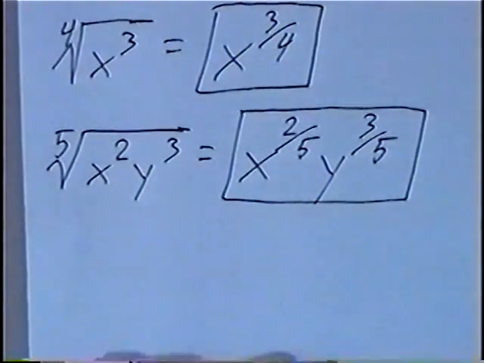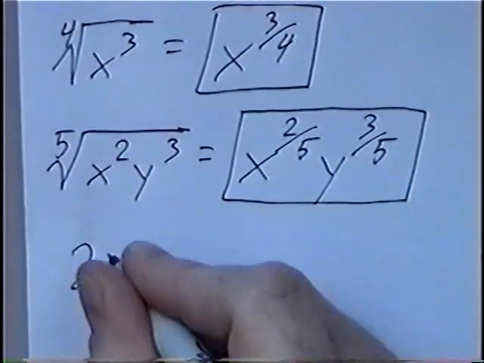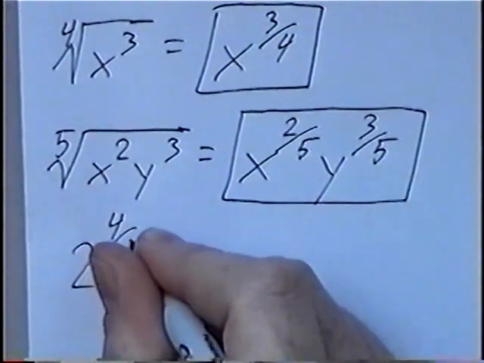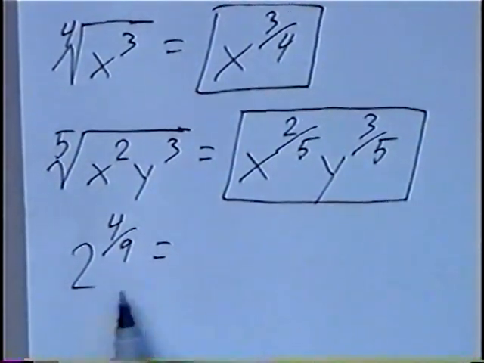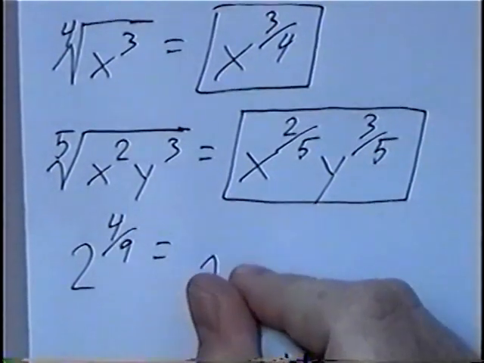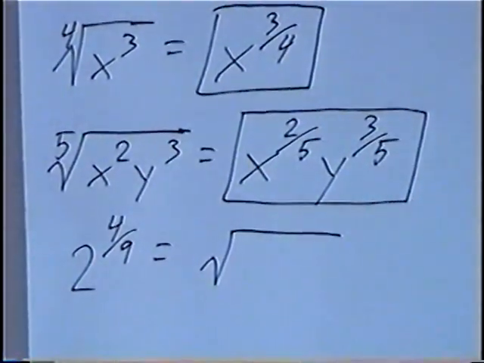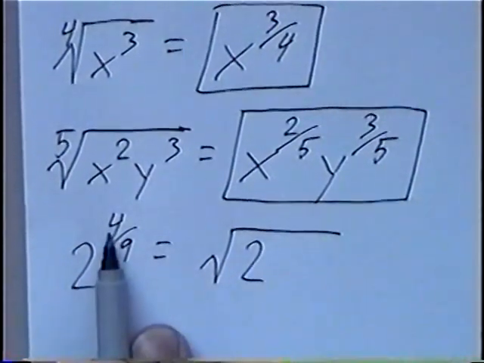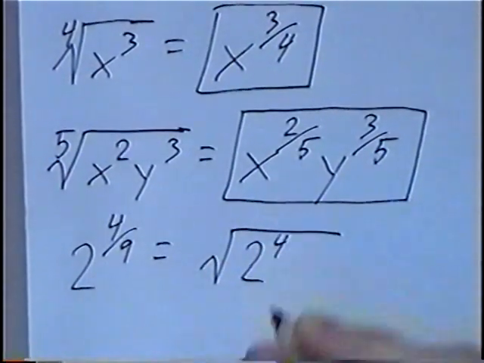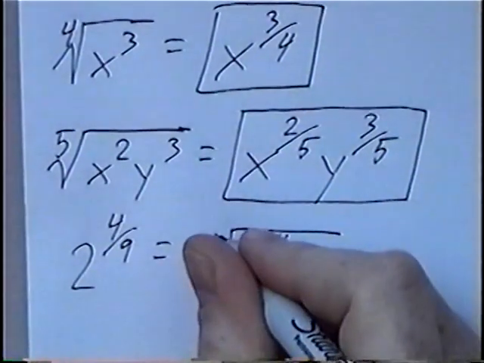Next question, in exponential form, we'll have 2 to the exponent of 4 over 9. This time we'll take exponential form and switch it into radical form. Again, the 2 would stay the same inside the radical. The numerator 4 would be the exponent, and the 9 would be the root number.